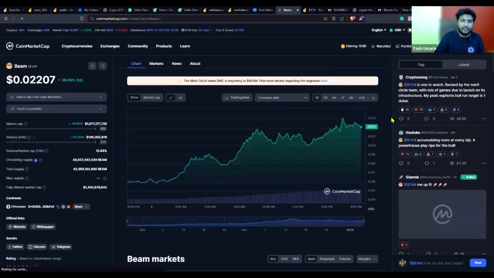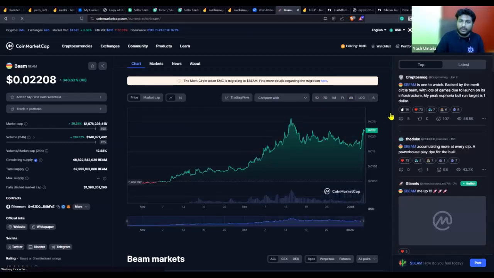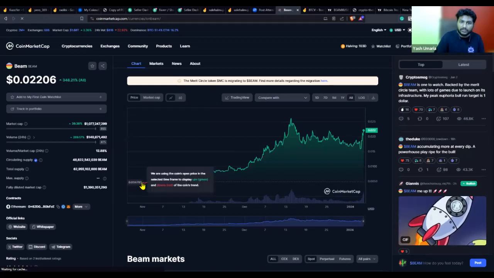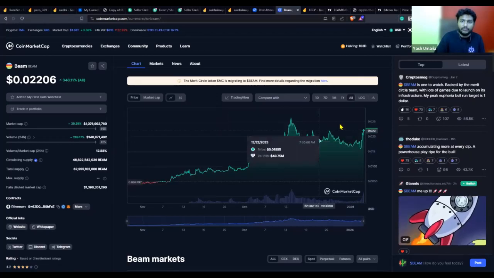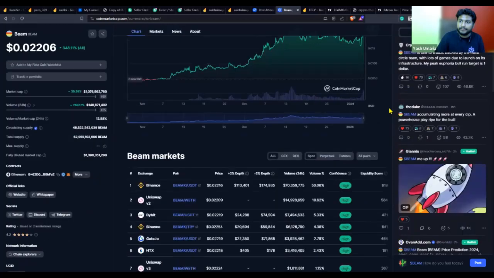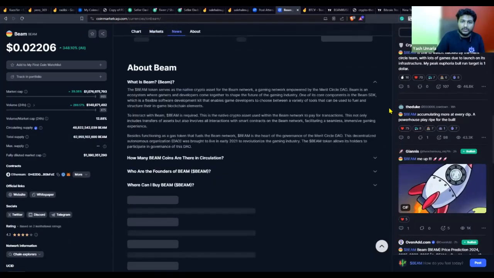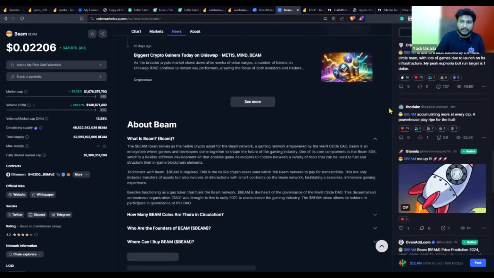So this is the Beam. And if I click on all, okay, that's a very new coin. It was launched right around here. To be honest, we have to read about it, what kind of work it is doing. So that comes under the fundamental part.